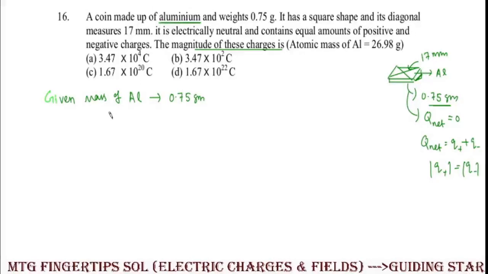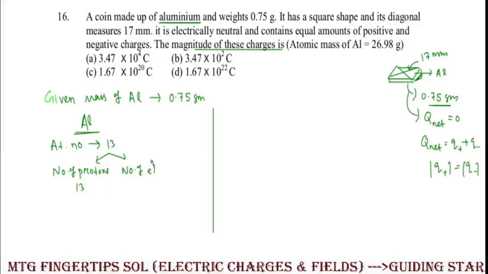So we know that for aluminum, the atomic number is 13. That means the number of protons will be 13, and the number of electrons will also be 13.